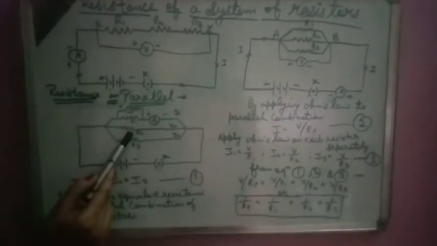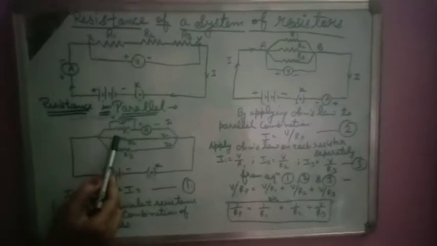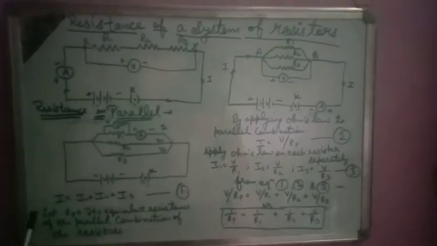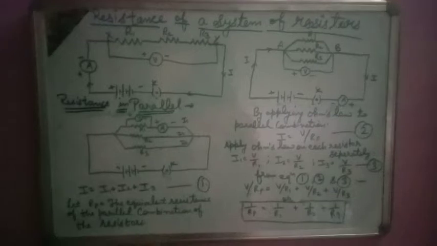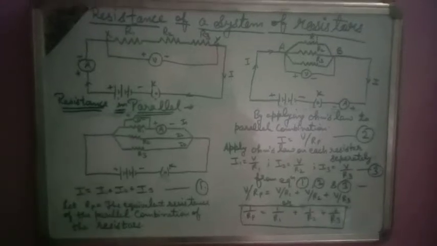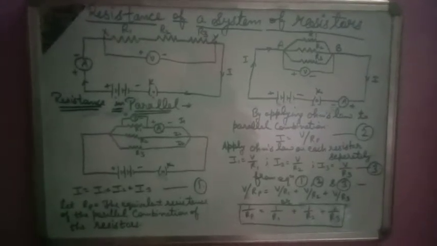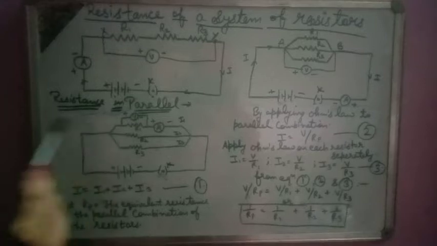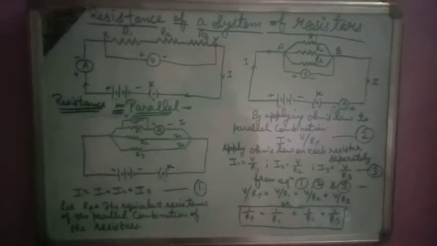Then secondly, I will connect the voltmeter in parallel with resistance R2 and the ammeter in series with resistance R2. Then again the value of current is different. Let it be I2 and the potential difference V will remain the same.